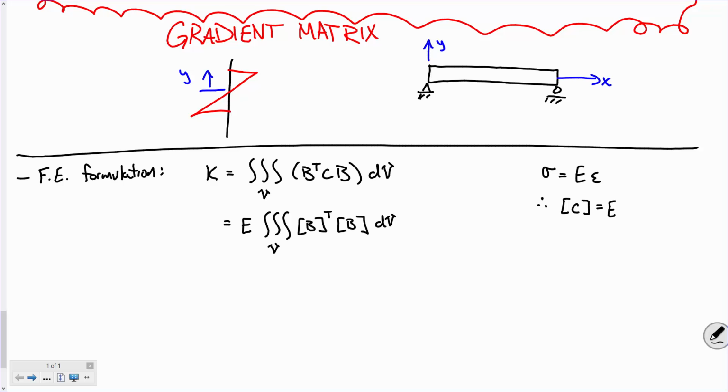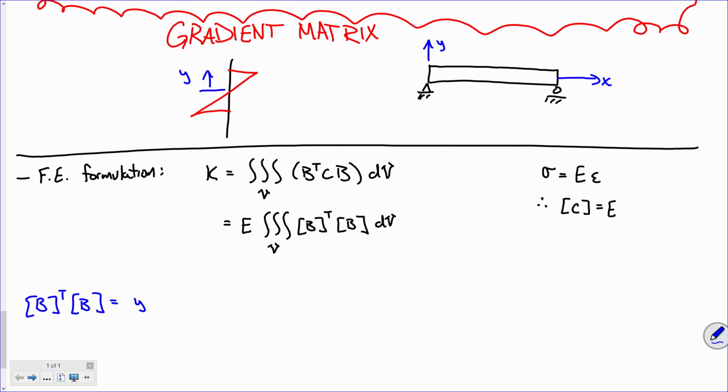Now, I want to look at what's inside here, this B transpose times B. Would you agree that if I go over here on the side and just take a look at this, B transpose times B. Well, B is Y times B1, B2, B3, B4? So what do I have?